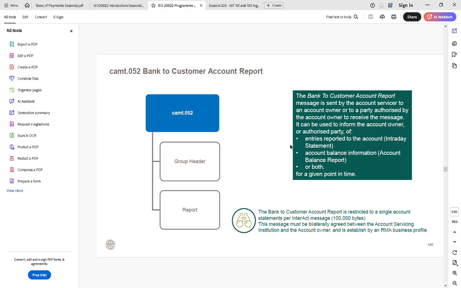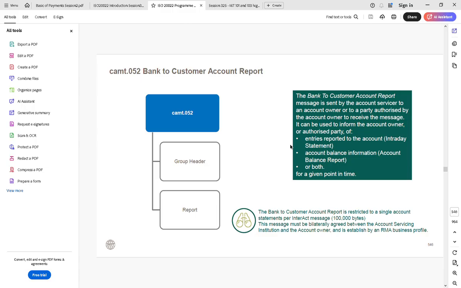So what is written is: bank to customer account report message is sent by the account servicer to the account owner or the party authorized by the account owner to receive the message. It can be used to inform the account owner or authorized party of entries reported, account intraday statement or account balance report.